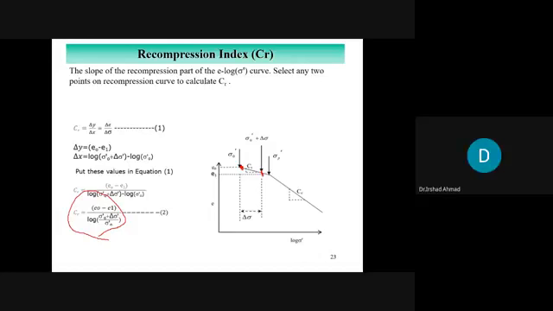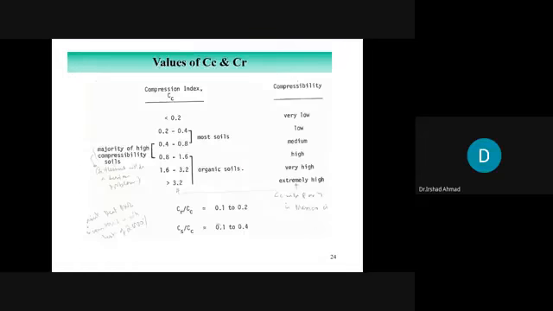Let's move on to the next parameter, the consolidation parameter. Consistent with what I presented on the first slide, we conduct the consolidation test and then process the graphs to find some parameters. The value of Cc, if it is less than 0.2, indicates soil of very low compressibility.